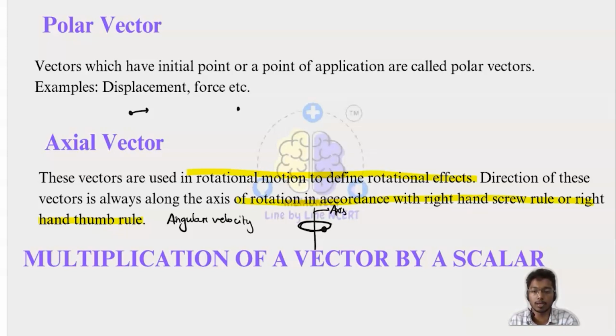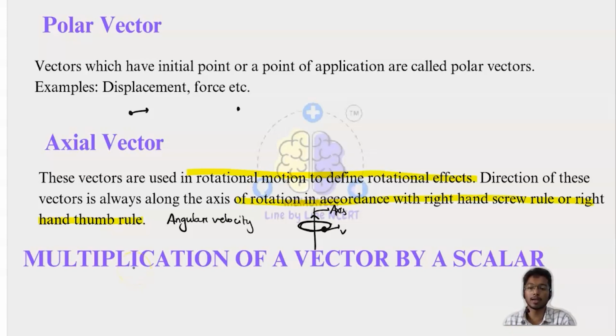Here the ball is going, and it will have velocity, and the ball is trying to roll, trying to rotate. So our angular velocity will be in this direction as we apply the right hand thumb rule, which we will discuss later.